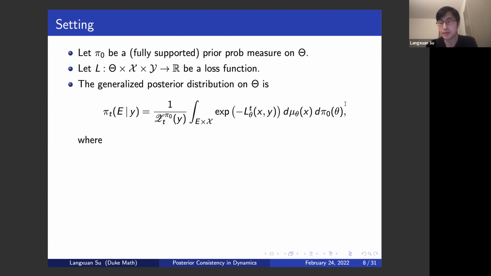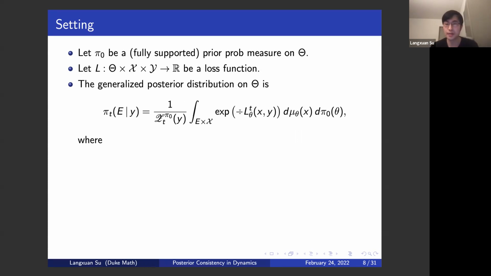So this is the prior distribution on the space of parameters and the hidden states X. In the previous page, we have the expectation over X, which is just the integration of this mu theta. But anyway, the point is just the same as before.